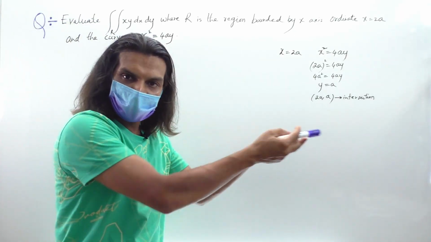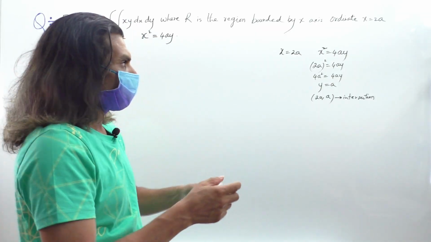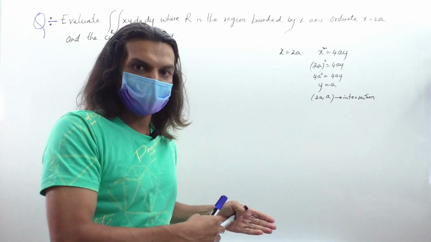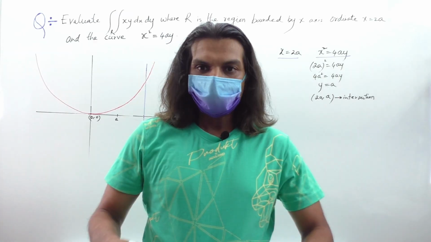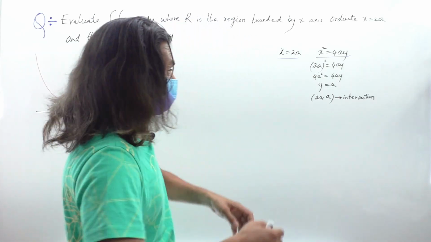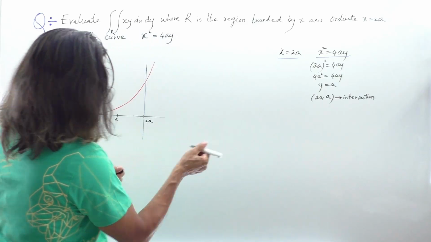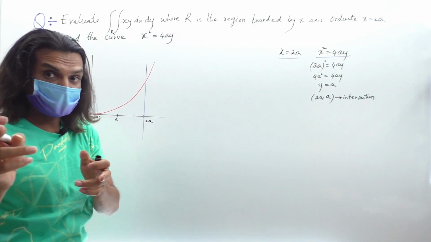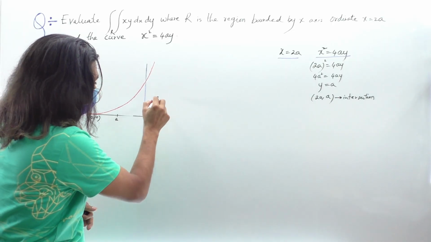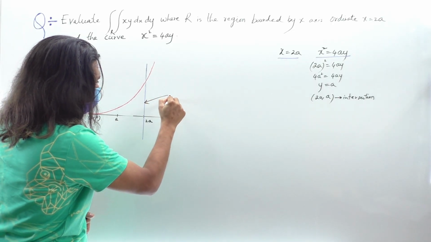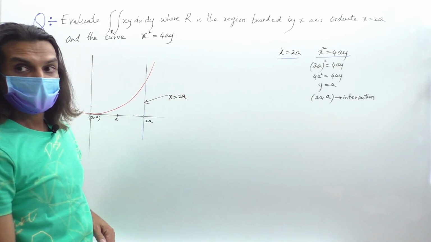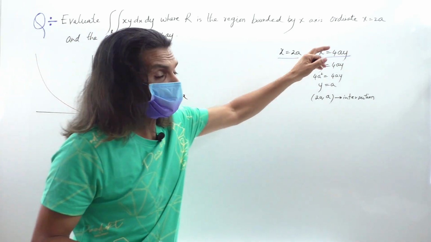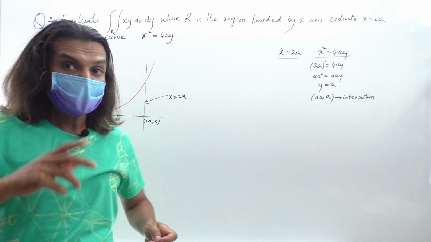Now the next thing is we need to draw the graph. Now we are aware of these equations. We have seen the graphs. If not, then please go back to the video and see what graph this is. So the graph here looks like this. One is this line x is equal to 2a, with this point on it as 2a comma 0 here. Next, x square is equal to 4ay means even powers of x.